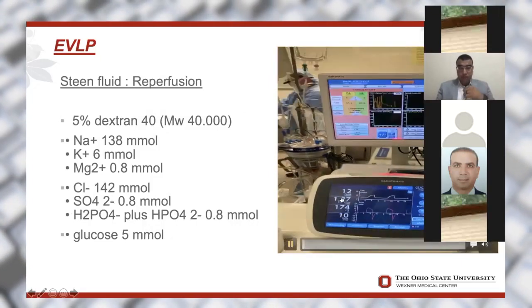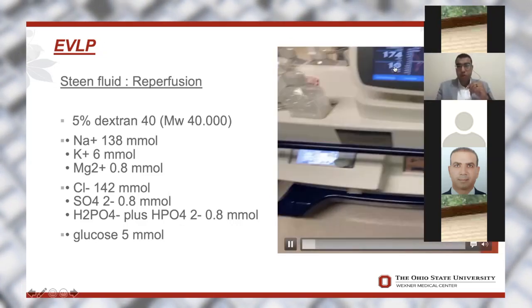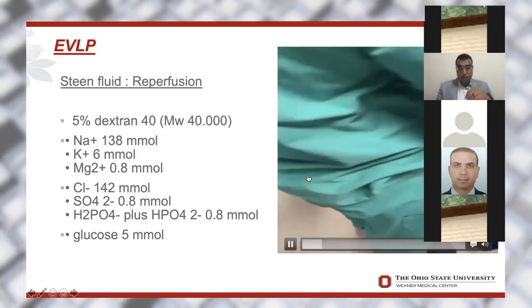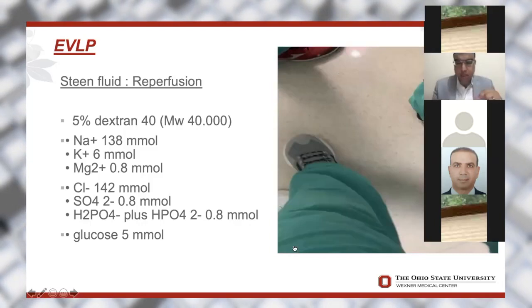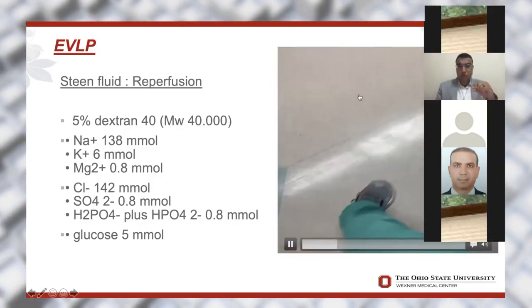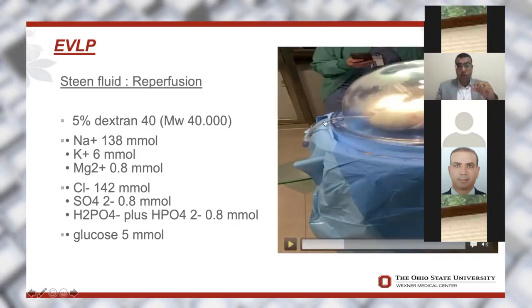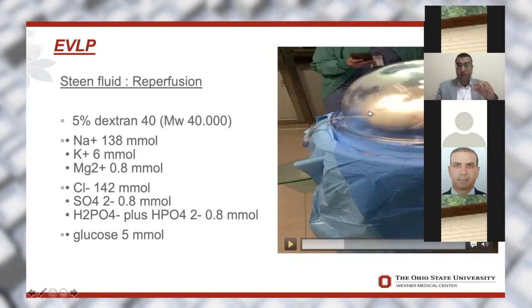As we can see, this is the ventilator. This is the lung inside the dome. For sure, it's the easiest way for intubation.